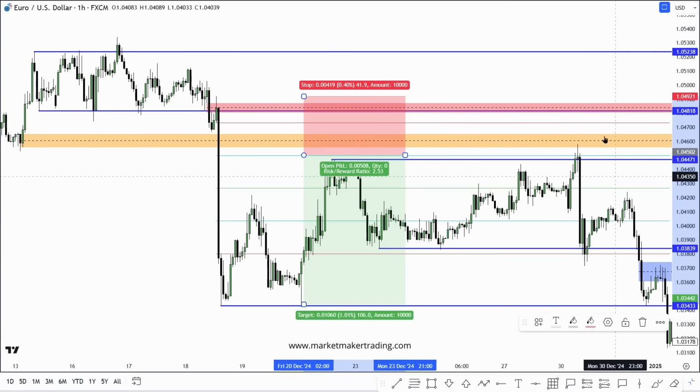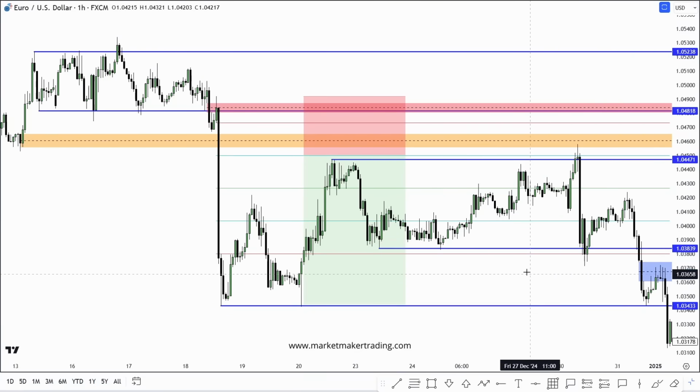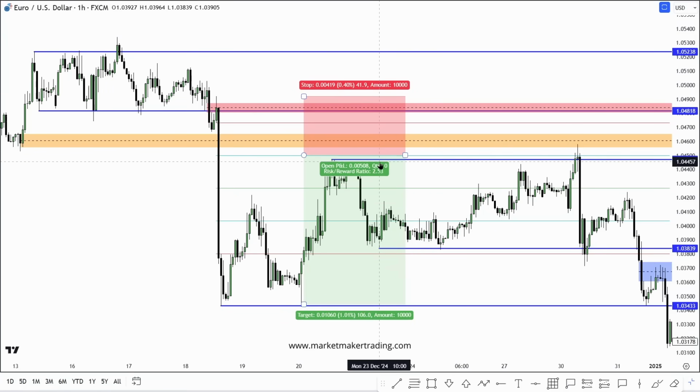Of course, I know I took off most of my positions here. However, this is how you can capitalize on price movements once you understand algorithmic price delivery and the order flow of price from an algorithmic perspective. The algorithm is going to refer to these levels, is going to rebalance inefficiencies, and is going to raid liquidity pools.